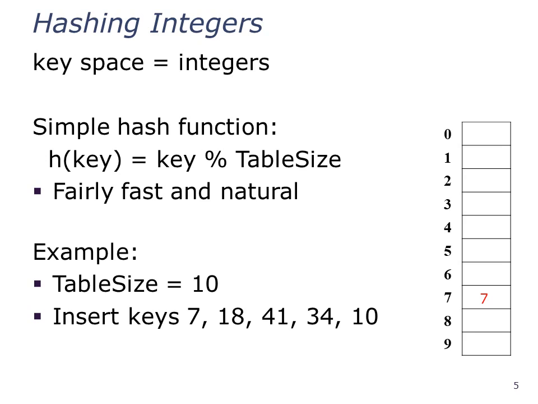First key is 7. 7 mod 10: we know the mod operator gives us the remainder, so we get remainder 7. So this key 7 will be inserted at location 7.